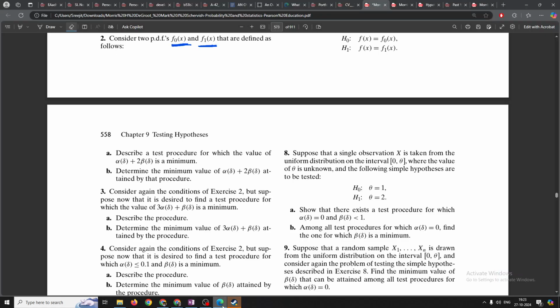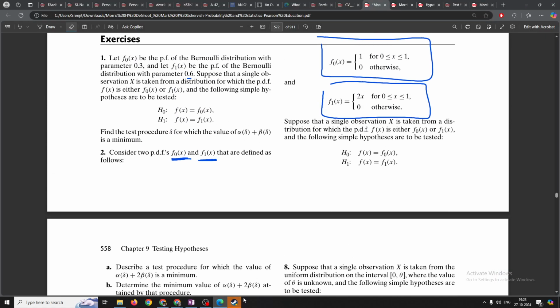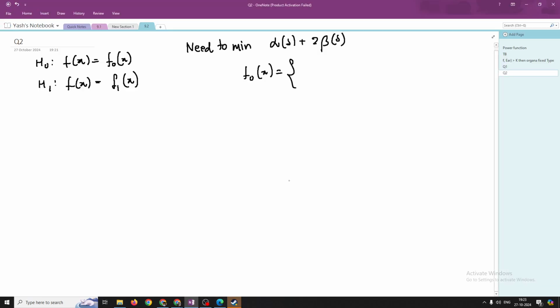It is 1 when x lies between 0 and 1, and 0 otherwise. f1 of x is 2x when it lies between this.